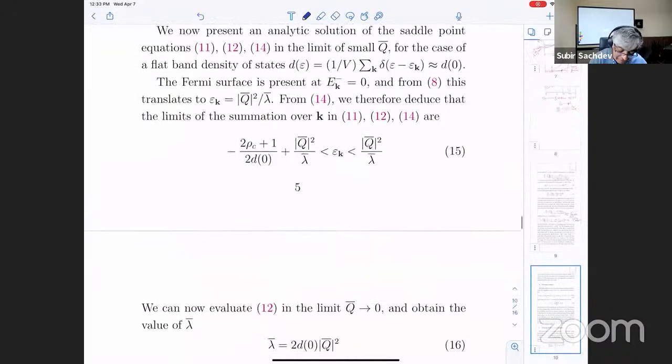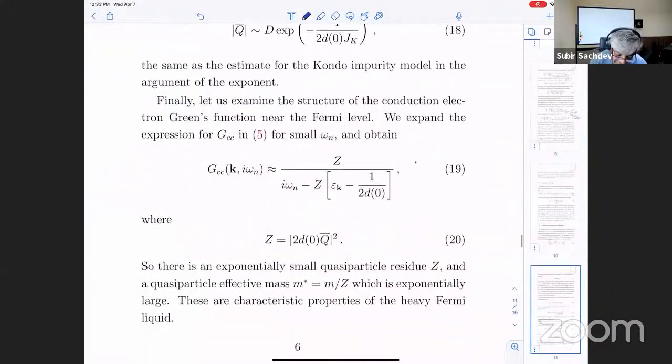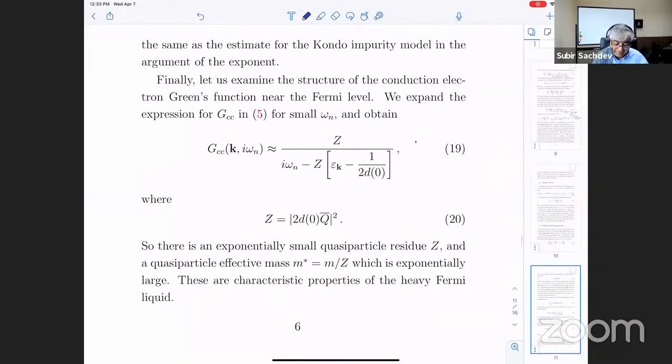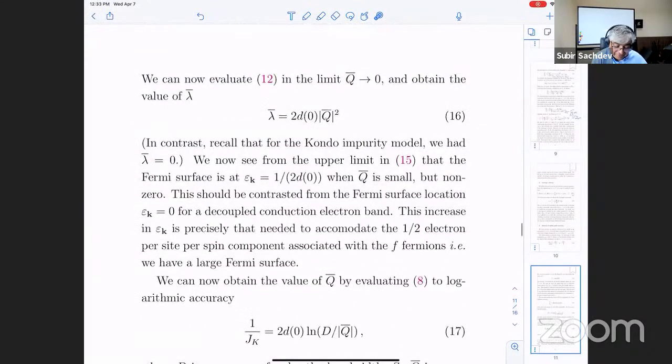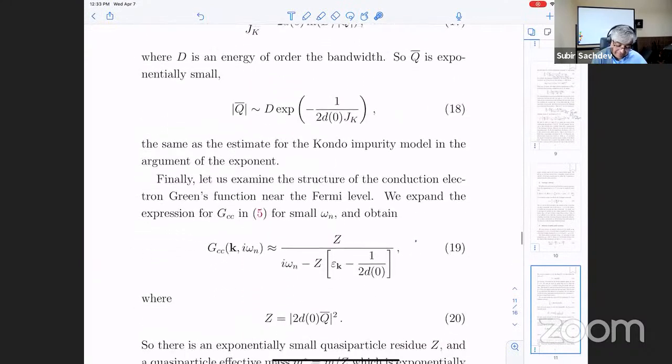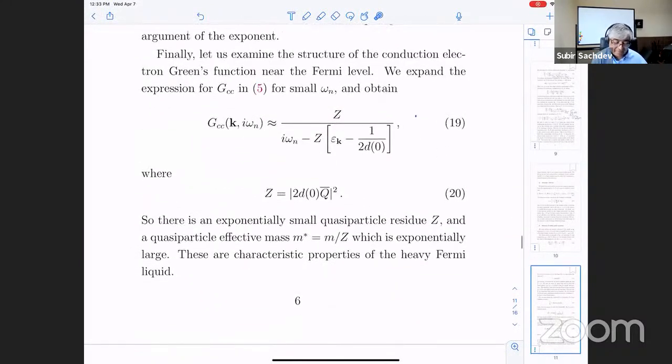So when you expand that out for small i omega_n, you get this expression here, which should have been a times z. You pull out a factor of z, and z was q bar squared over lambda bar squared, but lambda bar is this, and so if you put that value of lambda bar in, this is what you get.